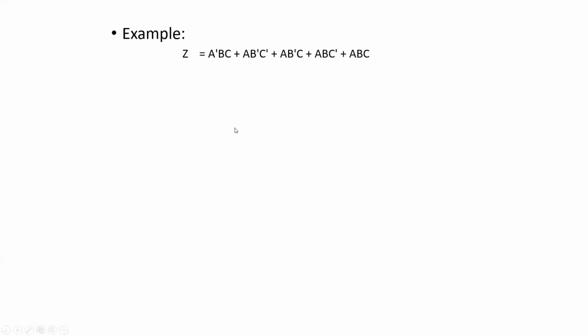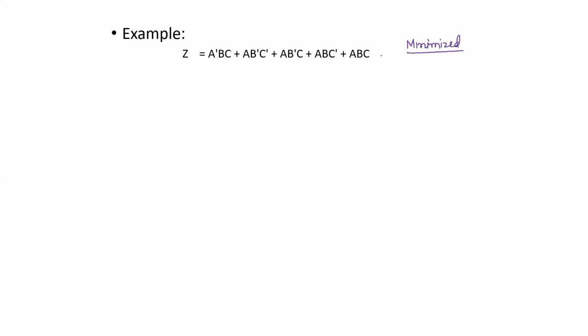Suppose I give you this particular expression to minimize and implement using some logic gates. There are certain issues, such as whether whatever you do is minimized or not. That's important.